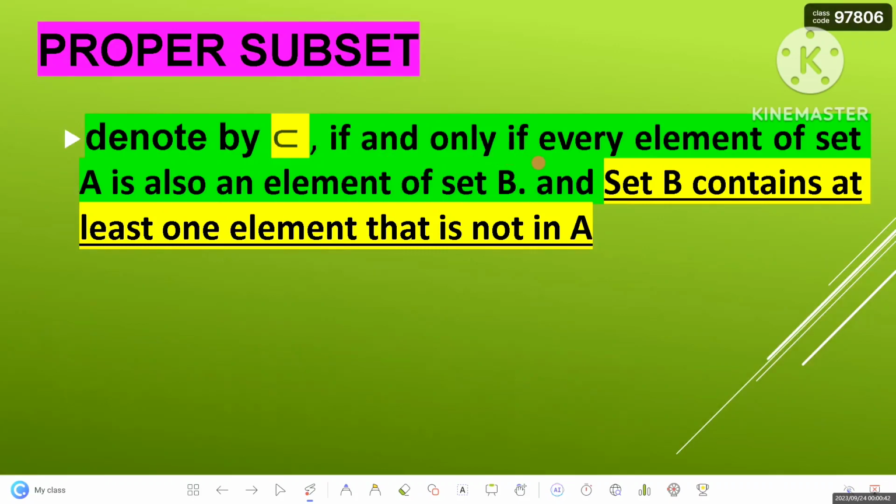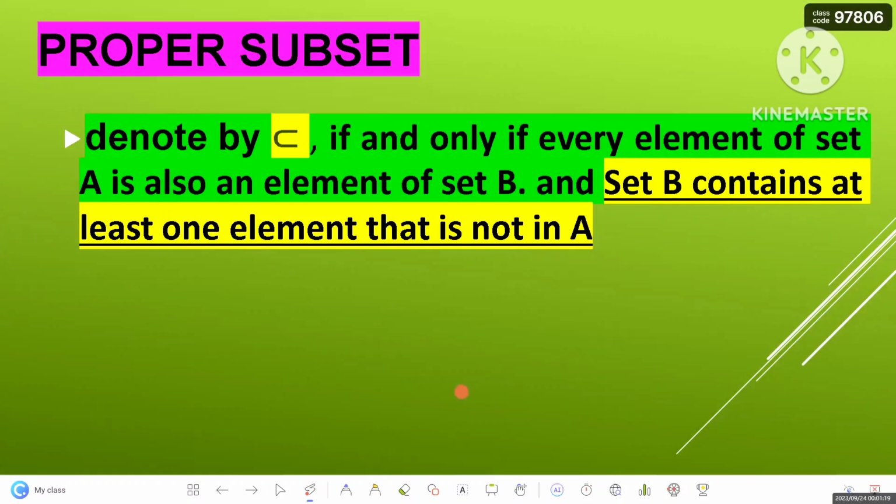If and only if every element of set A is also an element of set B, and set B contains at least one element that is not in A. Ibig sabihin ng proper subset, sa set B, ang laman niya dapat kahit isa ay makikita natin na wala siyang kapareho sa set A para makita natin ang proper subset.